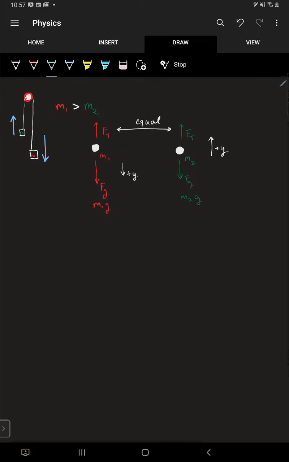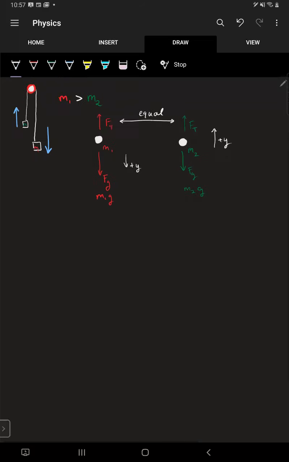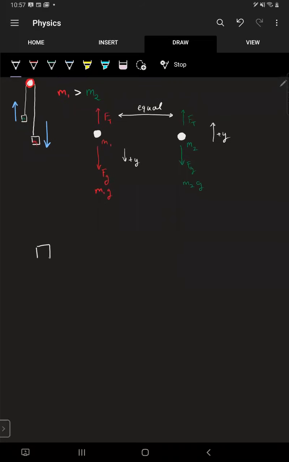All right, so let's do this. These problems can get kind of tricky because you have to think of it as a system. If you have the pulley system without the pulley, right? M1, M2, and you let go.